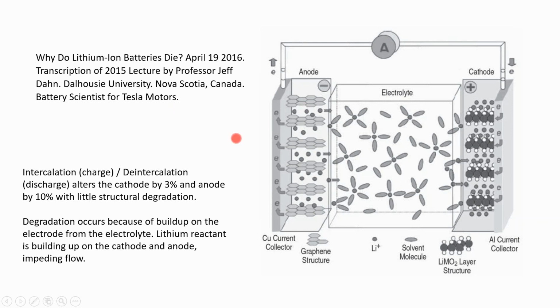And so, what happens when you have a battery being cycled is you have an electrolyte and you have a cathode and an anode. And when a battery is cycling, it's pressing a positively charged lithium ion out of the anode and passing it through the electrolyte onto the cathode.